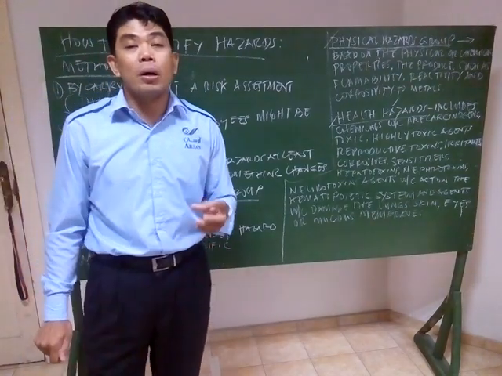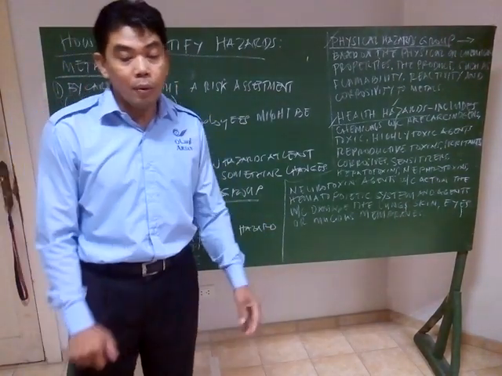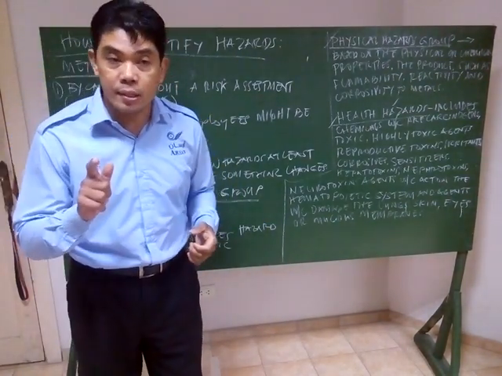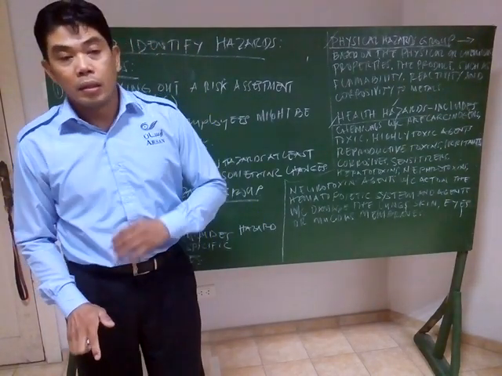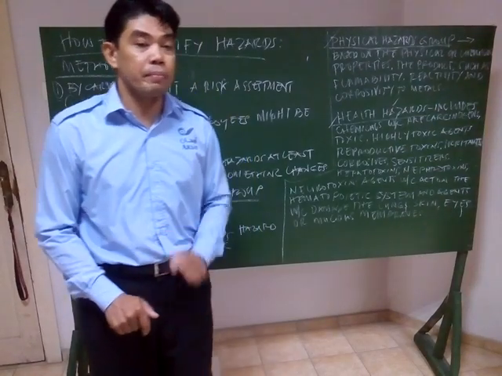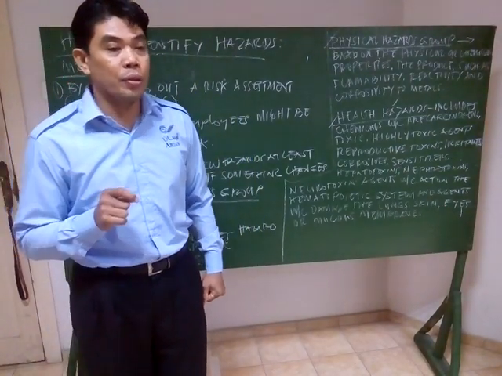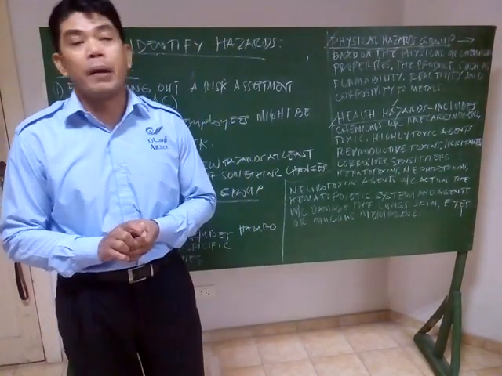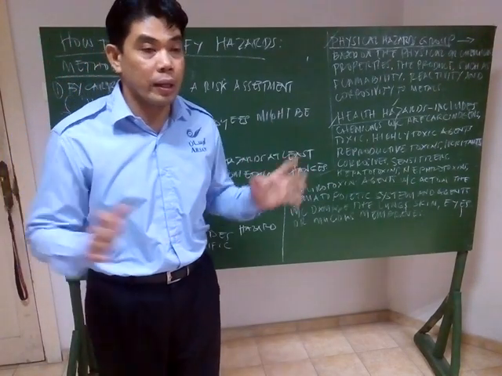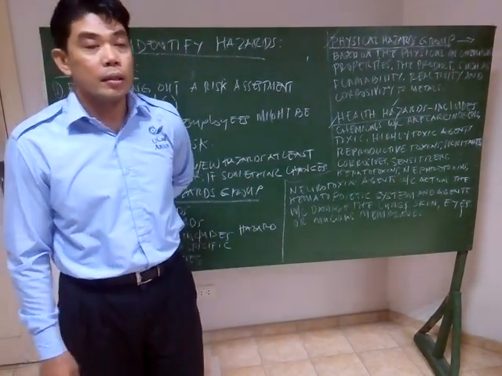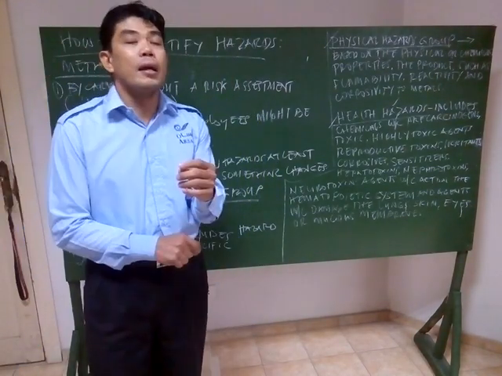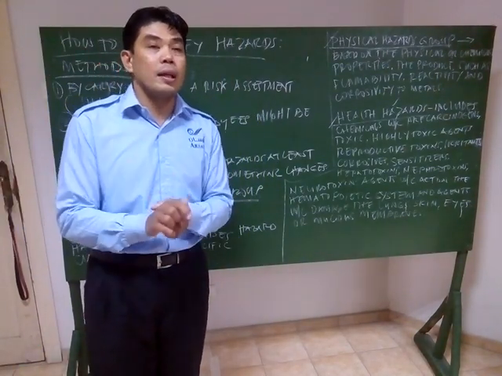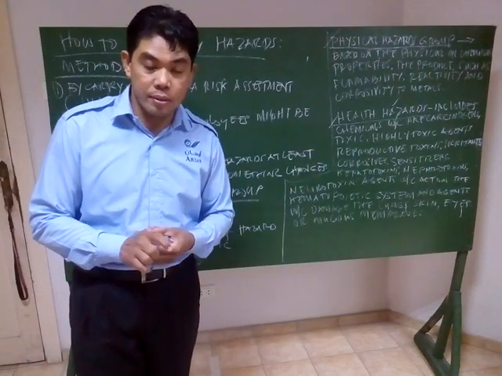What are examples of occupational diseases? Number one, lung disease. Of course, if you are assigned to the night shift or continuous graveyard shift, after a year, if you are not prepared to get a general checkup, then you might be affected by a lung disease. Skin diseases, if you are exposed to highly hazardous chemicals.